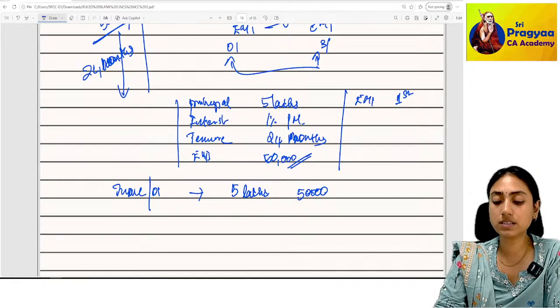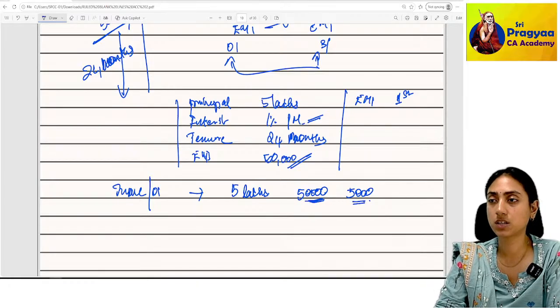What is my interest? I calculate it on the opening principal, at 1%. That is 5,000. So of my 50,000 EMI, 5,000 is my interest portion. What is my principal portion? 45,000 is principal.